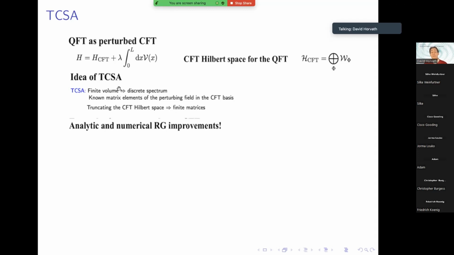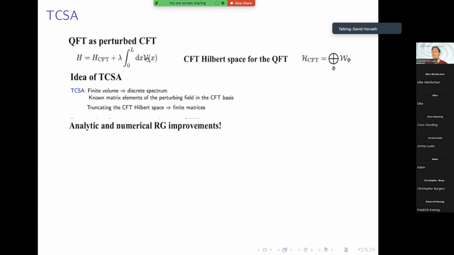The main idea of TCSA is that we regard our theory as a perturbation of a CFT, and first we put our theory into finite volume. This way we end up with a discrete spectrum, and now come two crucial things. One crucial thing is that if we have a CFT basis, then at least in 1D, it is quite often possible to give exact expressions for these matrix elements. So let's imagine that you want to perturb a UV fixed point by your RG relevant operator.